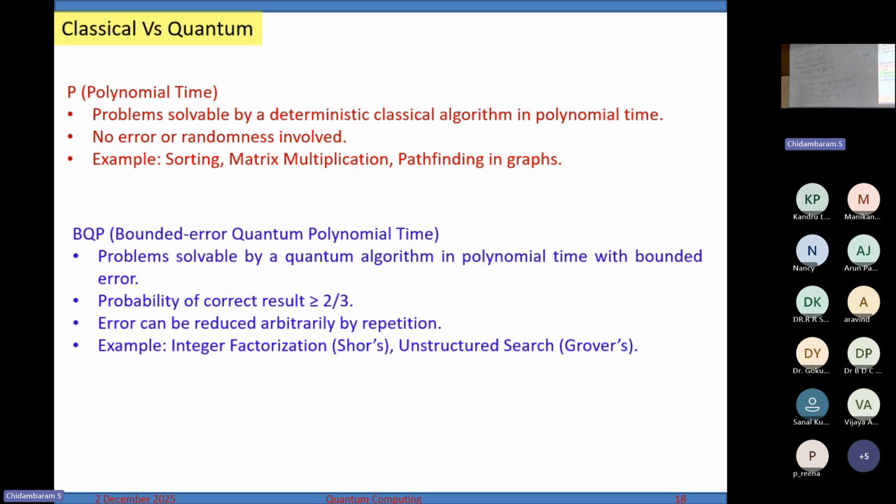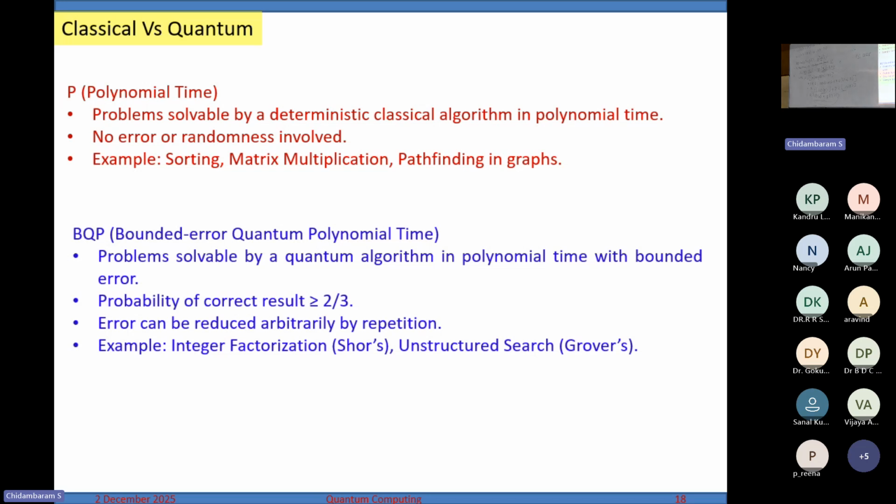Sir was telling about where this error comes from: because of decoherence and measurements, you can be bound to get errors. So I cannot take a problem where I should have a deterministic solution and expect a probabilistic algorithm to give an exact solution. That is not possible.